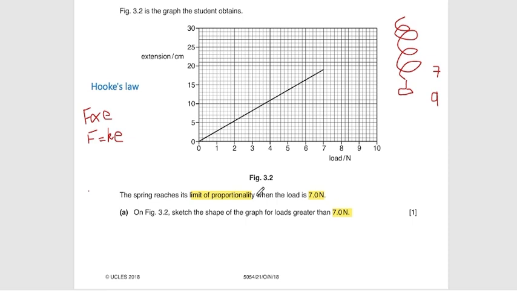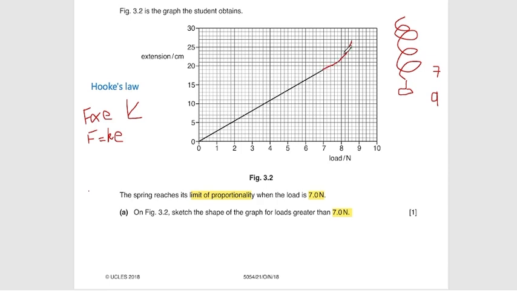So as long as they are within the limit of proportionality, they are going to have a straight graph. As I said, whenever you have a directly proportional graph, you always have a line passing through the origin. Now they say when the load is 7, this is its limit of proportionality, after which it's going to go beyond its limit, and whenever you have that, they are no longer proportional and they're just going to go like this.